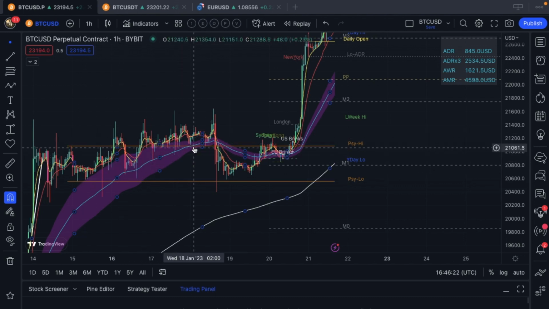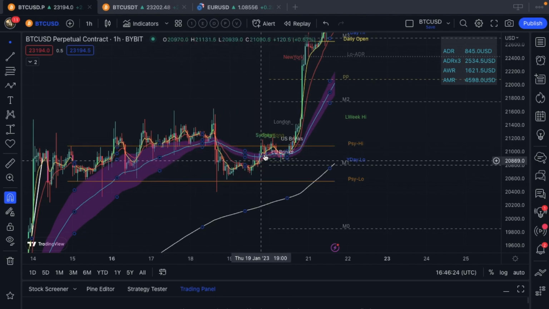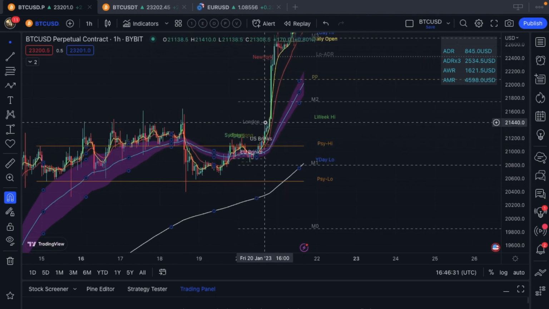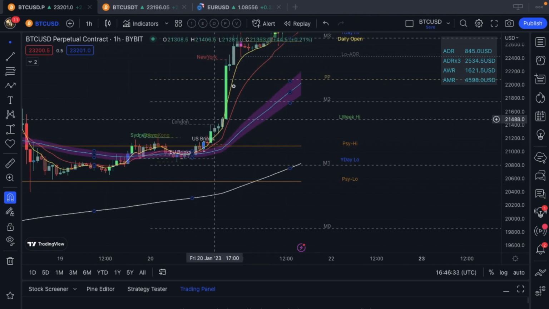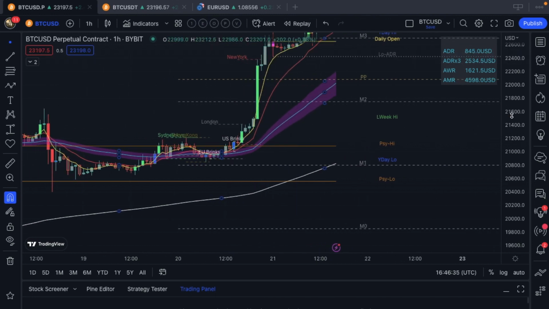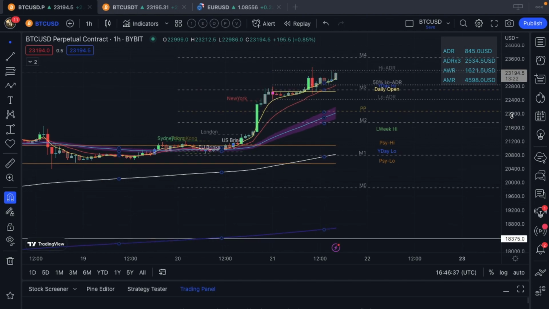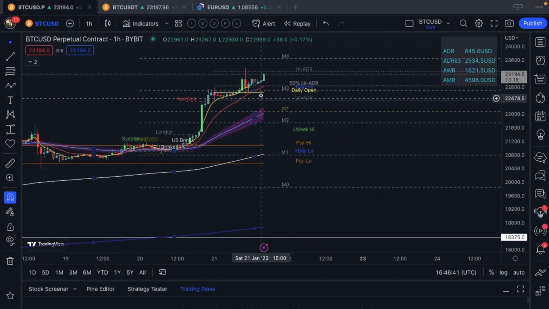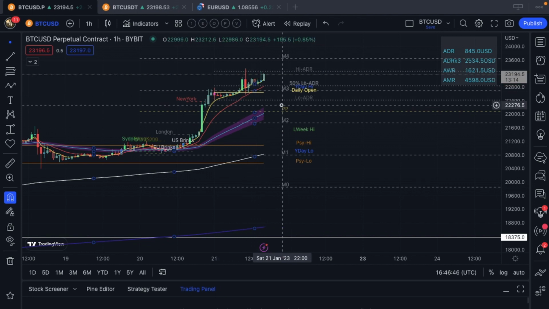So consolidation, consolidation, consolidation, put in this W, breakout of the apex, level 1, breakout, level 2, breakout, level 3, and here we are right now. Back into consolidation mode potentially. And now we're going to look for either a peak formation reversal or a reset.